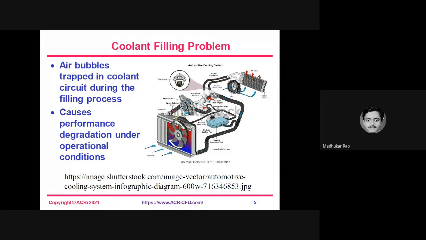So the problem is basically that of filling a radiator, an automotive thermal circuit, with a coolant. And the issue is air bubbles get trapped in the coolant circuit during the filling process, and it does cause performance degradation under operational conditions. My apologies, I cannot show you the original geometry. It is proprietary to the client.